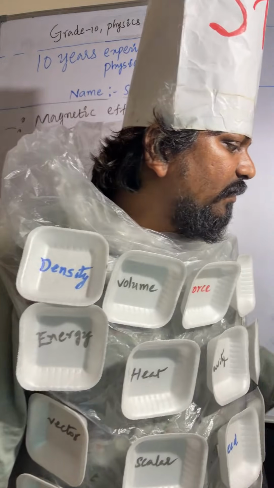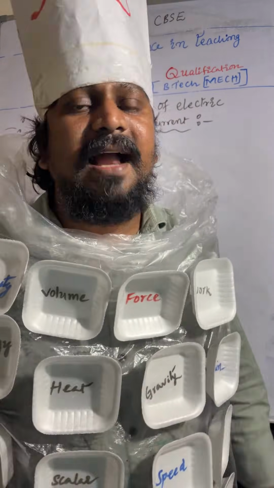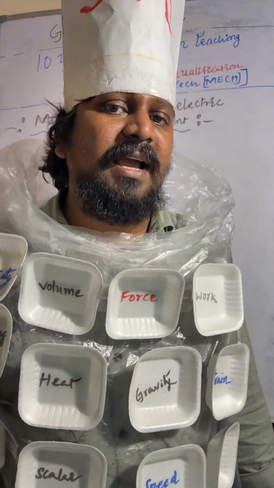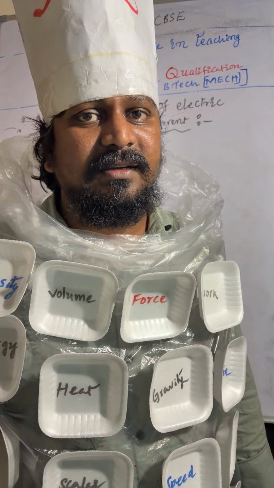When the current is passing through the conductor, it acts as a magnet, or it shows magnetic behavior. So that is the magnetic effect of electric current.